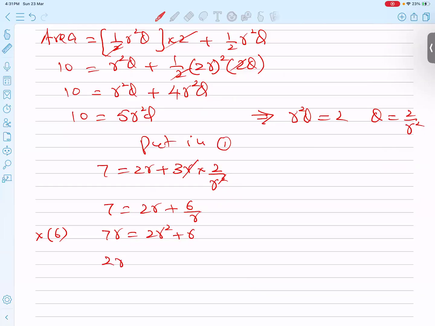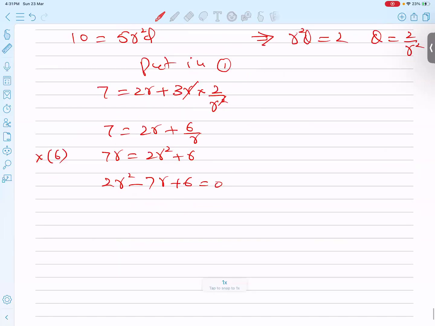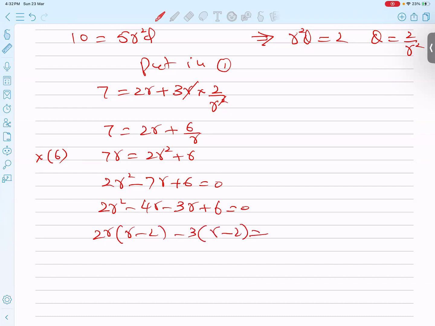Okay, I reorder: 2R squared minus 7R plus 6 equals 0. So 6 times 2 is 12, and 4 times 3 is 12. So you see, it's not hard, the only problem is algebra. So 2R common, I got R minus 2, negative 3 common, R minus 2. So I'm getting R minus 2 and 2R minus 3.